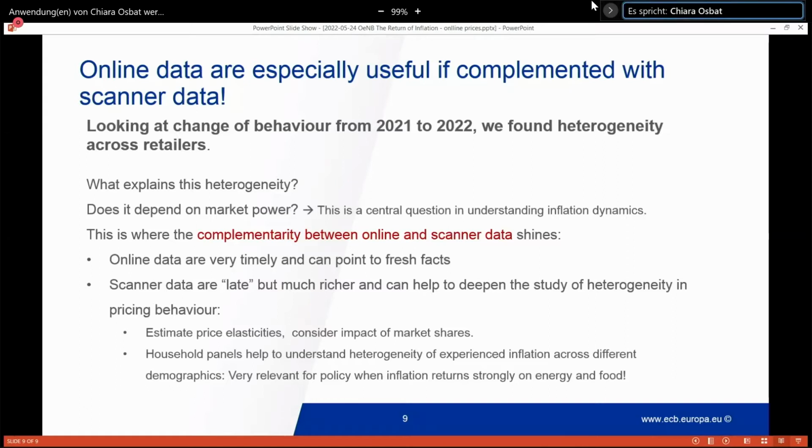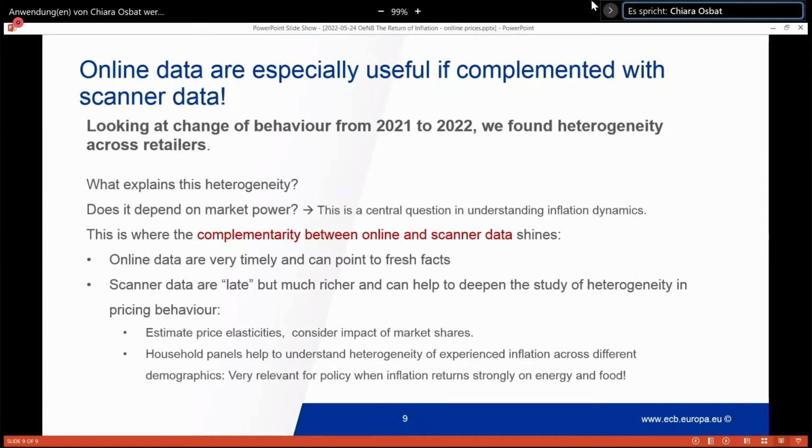And this brings me to say that these online data are especially good when you complement them with scanner data, because these very fresh data, they only have prices. So they can signal some fresh facts and point us to what should be analyzed, but then you really need the scanner data that have similar objects, the price of similar objects, but they also have the quantities.